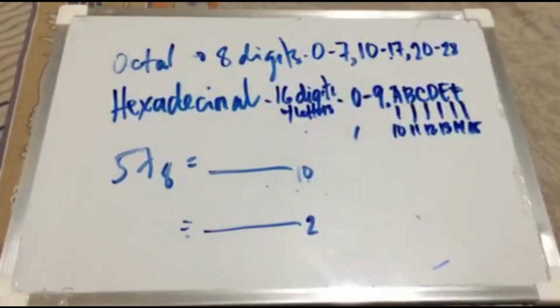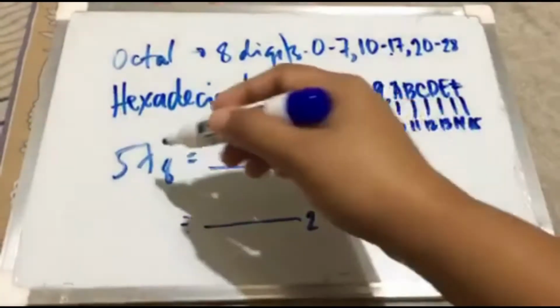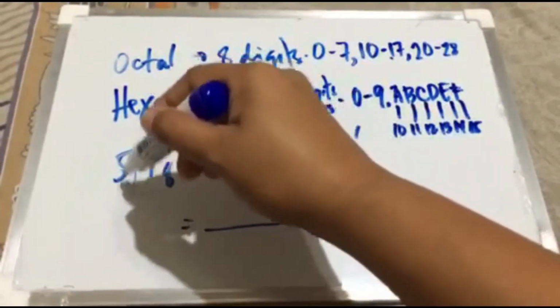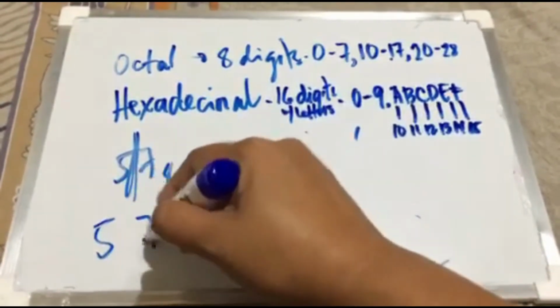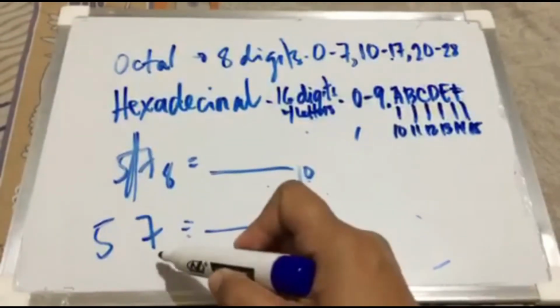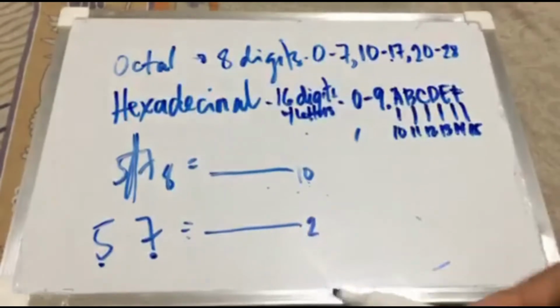So how are we going to convert it to binary? We're going to split it into 2 digits, 5 and 7. So we need to get the binary equivalent of this 7 and then 5.